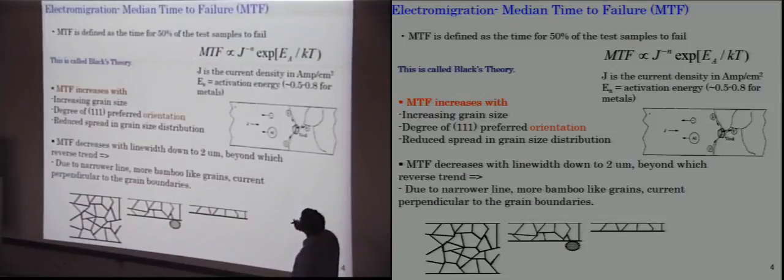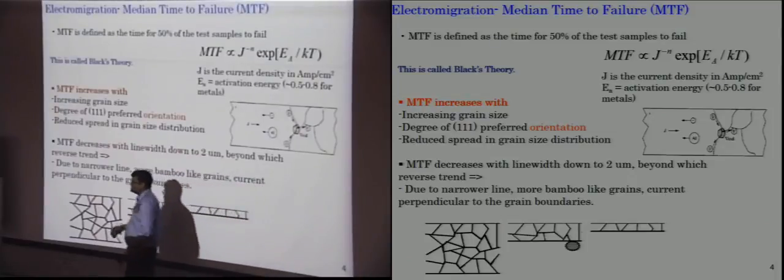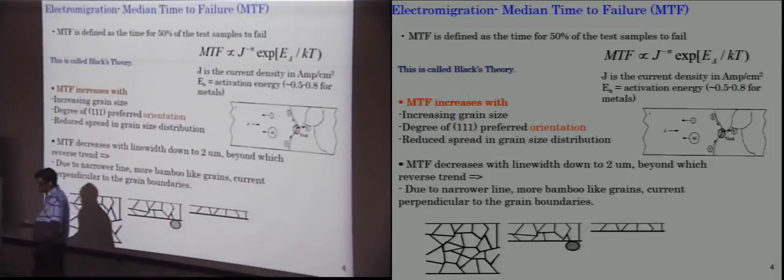The median time to failure, which is the time taken for 50% of the test samples to fail, is inversely proportional to the current density, temperature, and the activation energy. Because it is a random phenomenon, it's best to define the failure rate based on this.